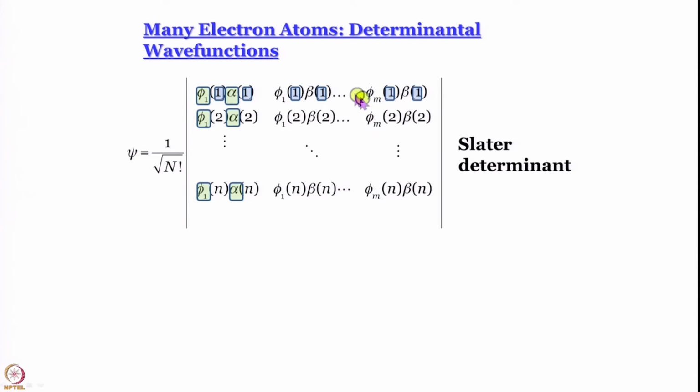What is the last one here? This is phi m. Why not phi n? Because remember, for any given orbital I can generate 2 spin orbitals, one with alpha, one with beta. So, m has to be less than n. So, is m equal to n by 2? Yes, provided n is even.